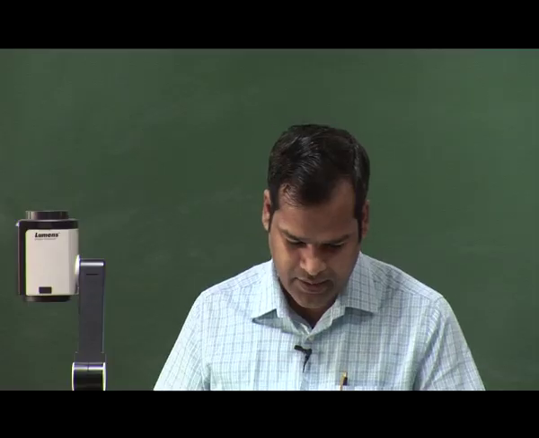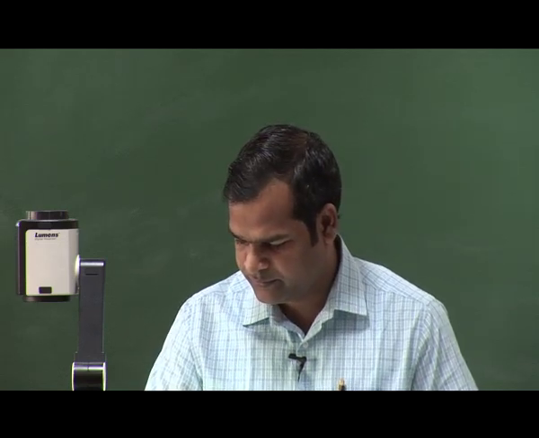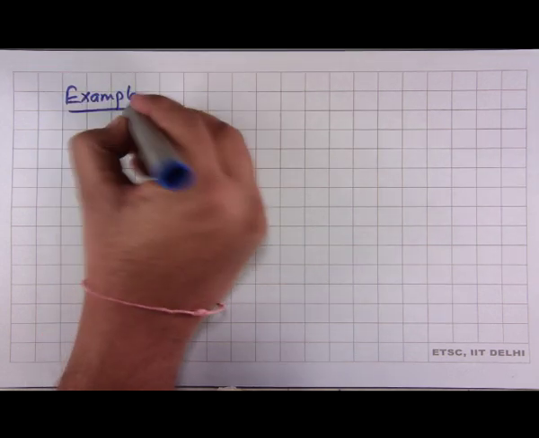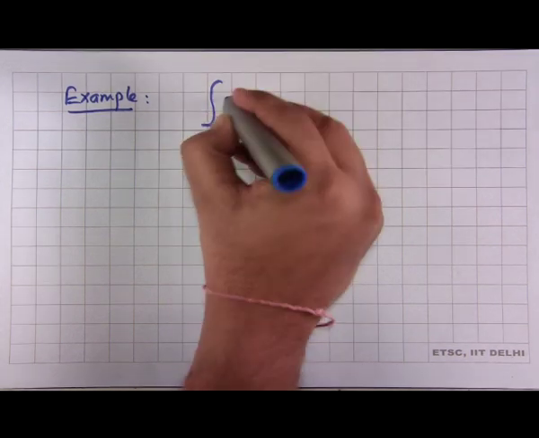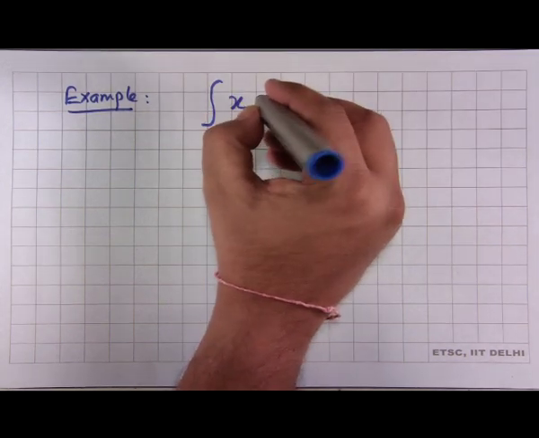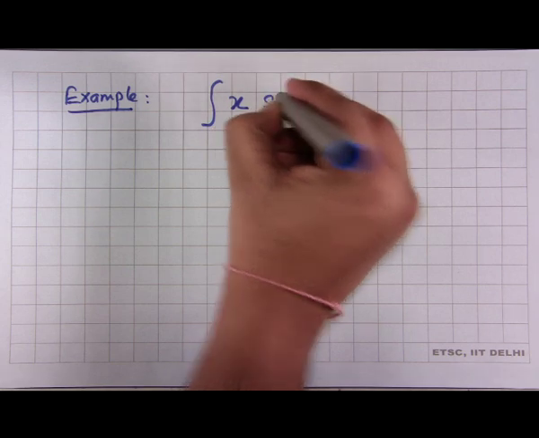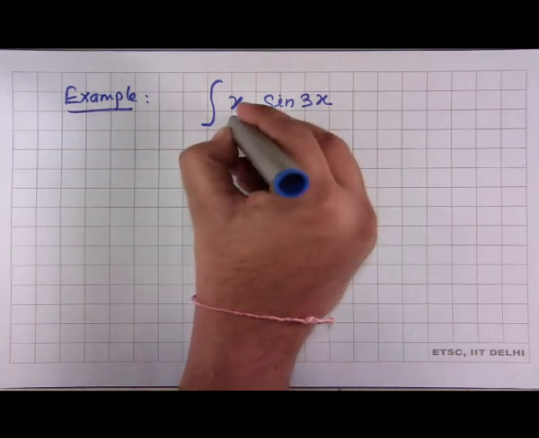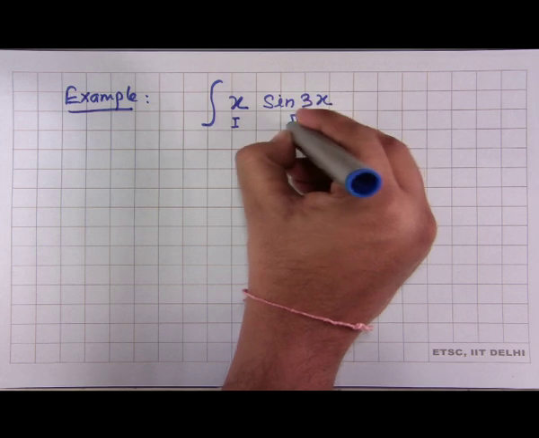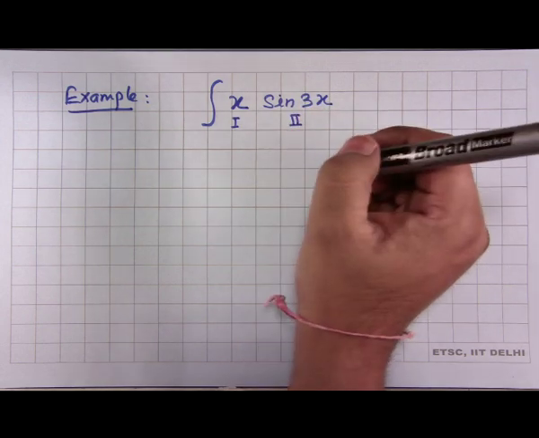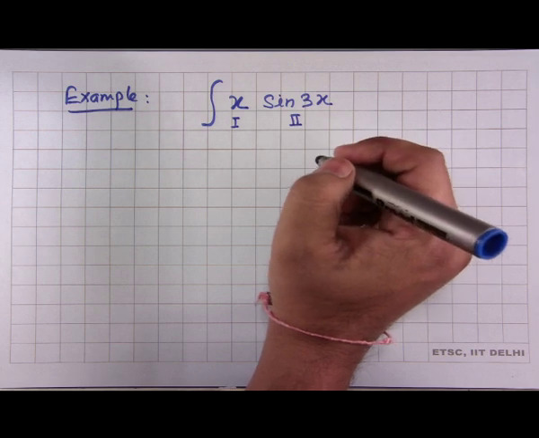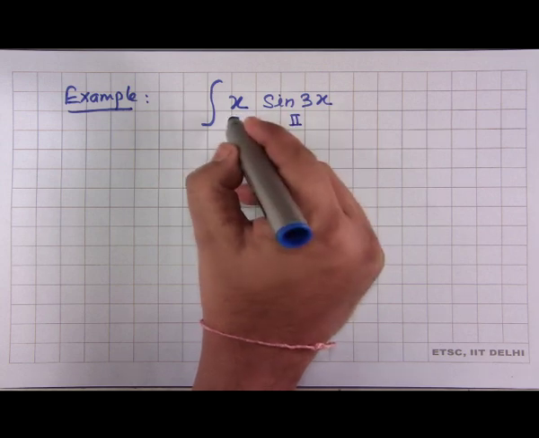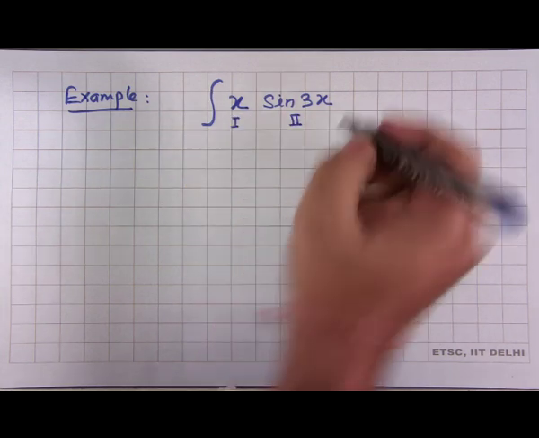Let me take another example for you, which involves trigonometric functions. Let us evaluate the integral of x sin 3x. Again we take this as first function and this as second function. Now, I think there should be a question in your mind: why are we choosing this as first function and this as second function?